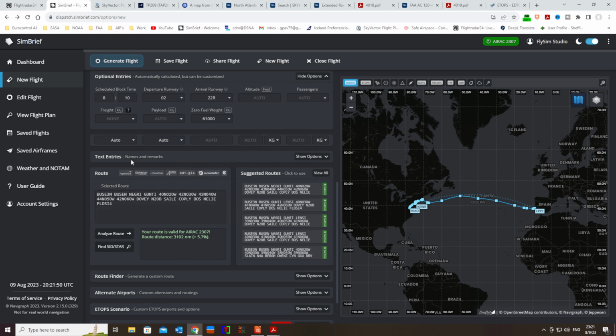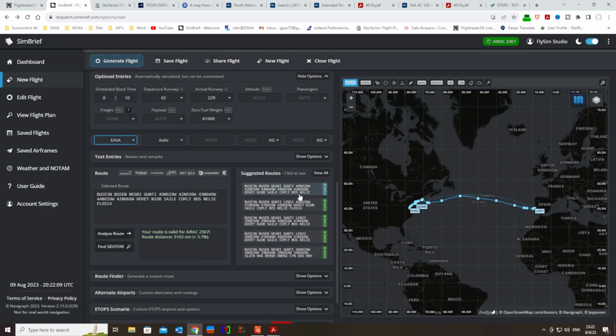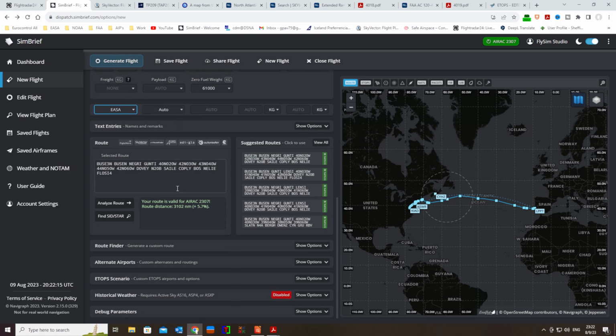So let's see, we have this route, and let's say we are EASA. You see, they say here this is a new thing. Actually, I think it's caused by the update. Would you like to automatically select your route alternate? Yes, I would. But where?